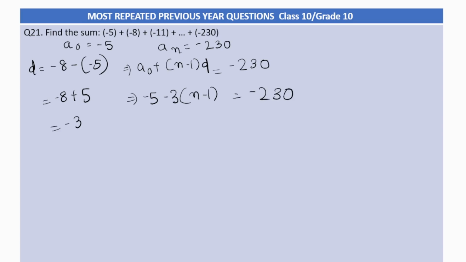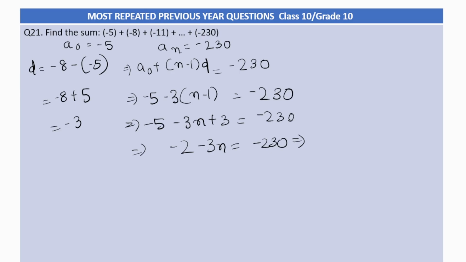Now we will open this bracket in this step. Minus 5 minus 3n plus 3. Minus of minus 3 into minus 1 is plus 3. Two negative integers when multiplied will always give a positive product. So, minus 230 as it is I will write. Then minus 5 plus 3 will be minus 2, minus 3n equal to minus 230.